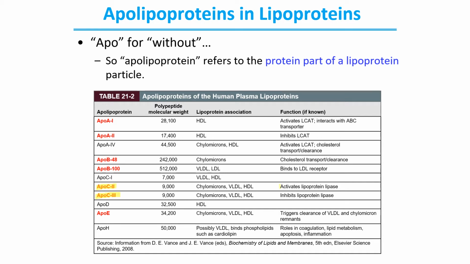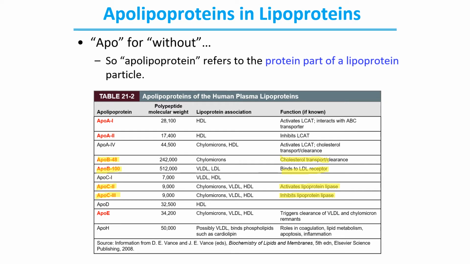ApoC2 activates an important enzyme, lipoprotein lipase, whereas ApoC3 inhibits the same enzyme, lipoprotein lipase. Similarly, ApoB48 is also important, which is involved in cholesterol transport and its clearance, whereas ApoB100 binds to the LDL receptors. So these are a few noteworthy ones.